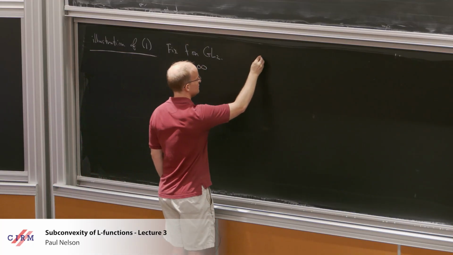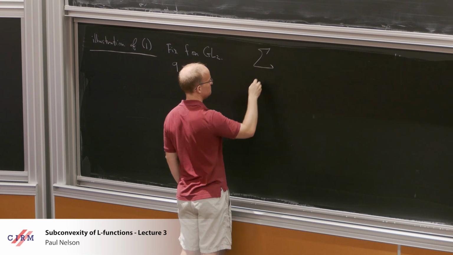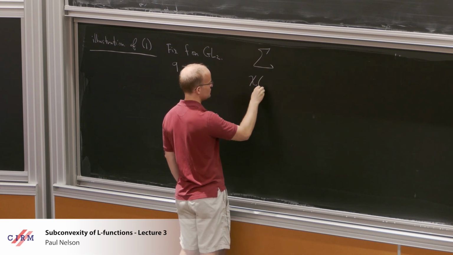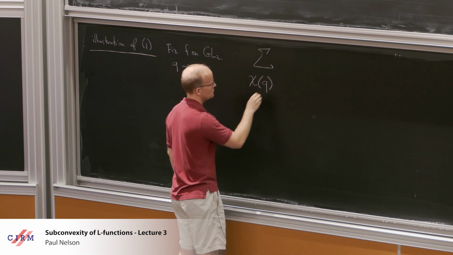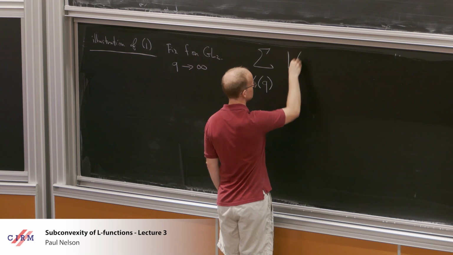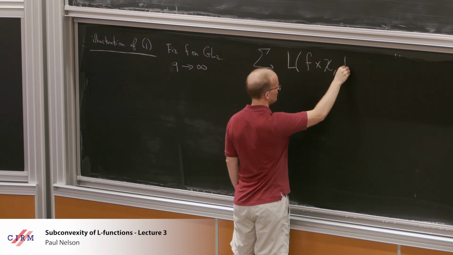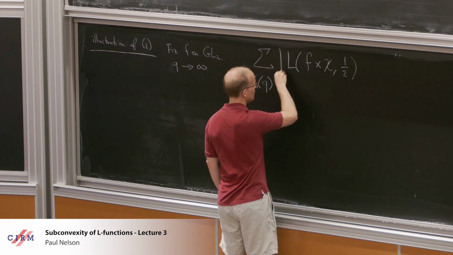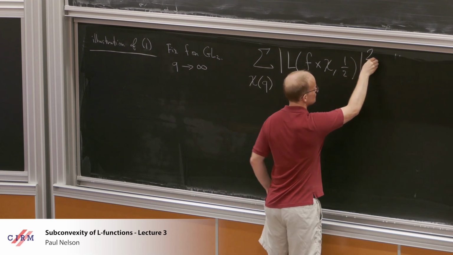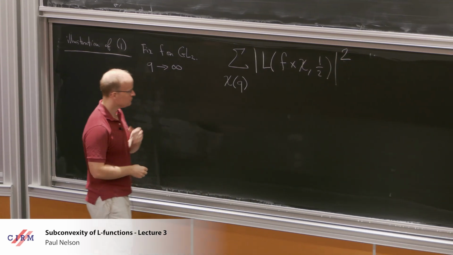And let's look at the sum over all Dirichlet characters modulo Q of |L(1/2, f × χ)|².